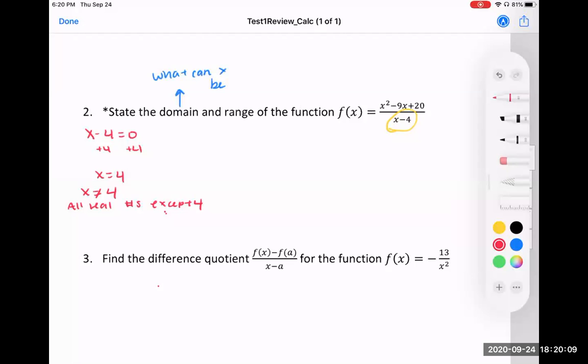But that's not how you'll see it. Your exam will want it in interval notation. So all numbers except 4 would mean from negative infinity to 4. Infinities always have parentheses. This 4 is not included, so it has a parenthesis. We have a break, and we continue from 4 to positive infinity. So that is our answer for our domain.